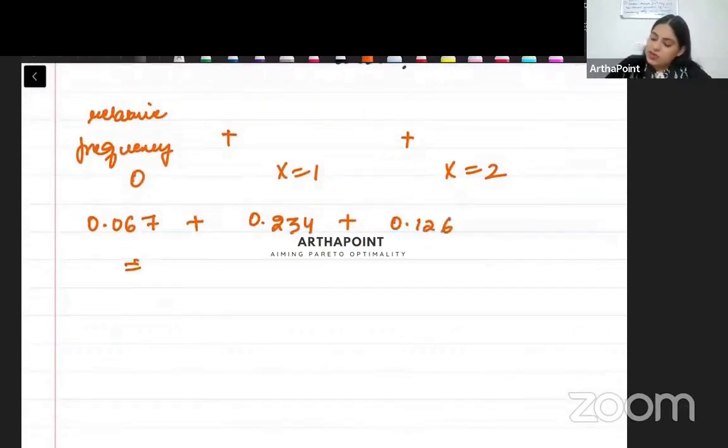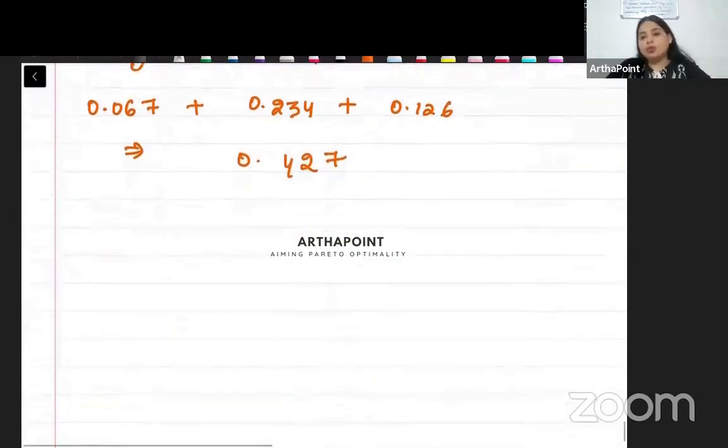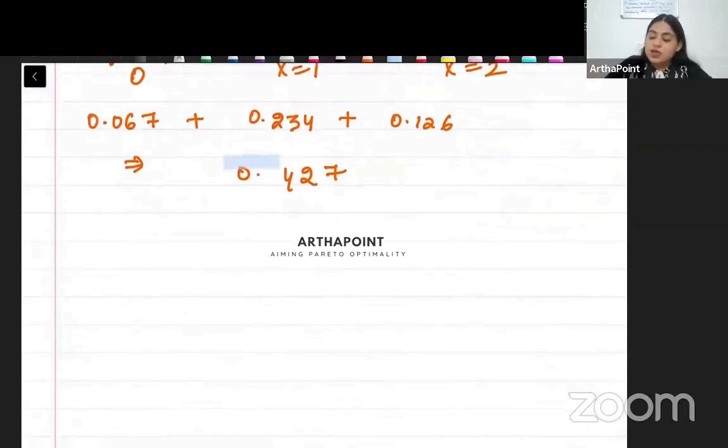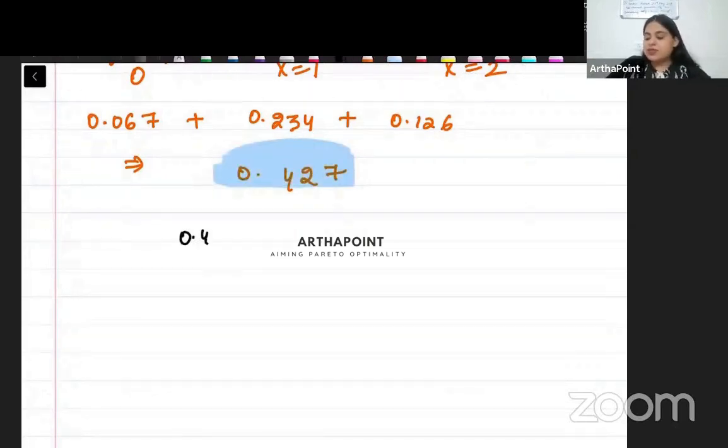So if you add this together, you will get 0.427. Okay, ji. Please verify this answer for me. So if I have to give my answer in terms of percentage, I can just multiply this with 100.